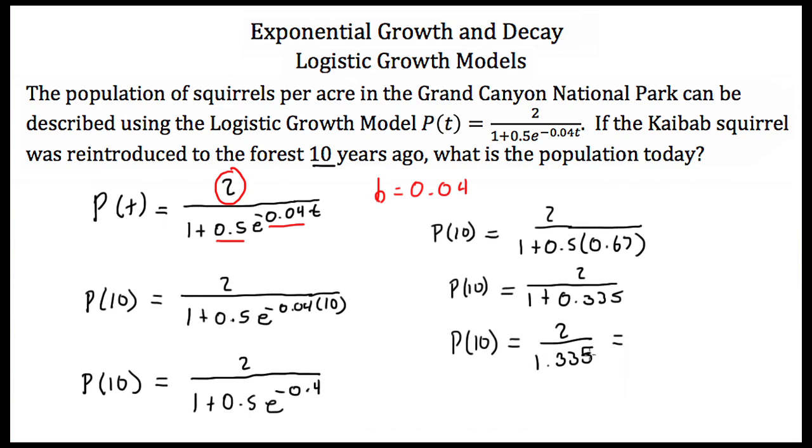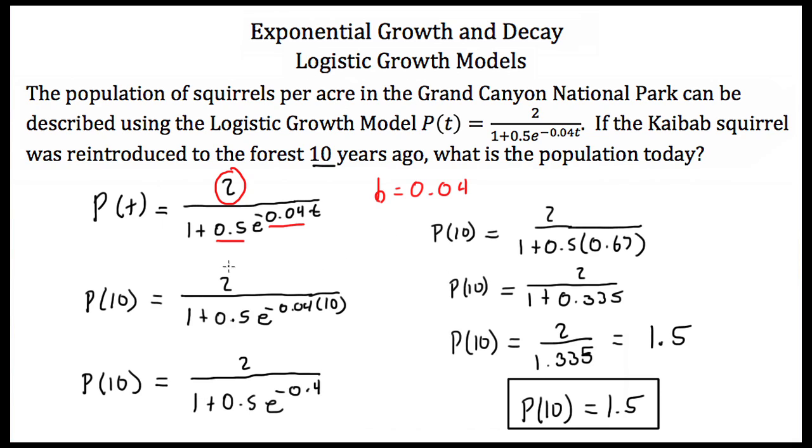And if you solve that, this comes out to be approximately 1.5. So after 10 years, there are approximately 1.5 squirrels per acre in the Grand Canyon National Park. So that's an introduction to logistic growth models, and that's how you can use them to solve problems. And that completes the tutorial on exponential growth and decay.